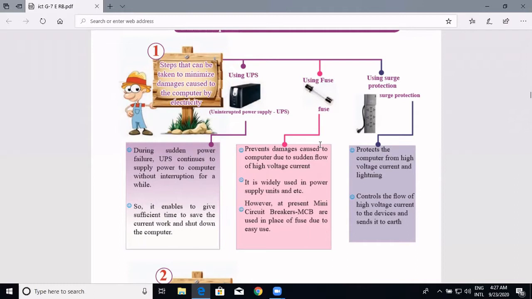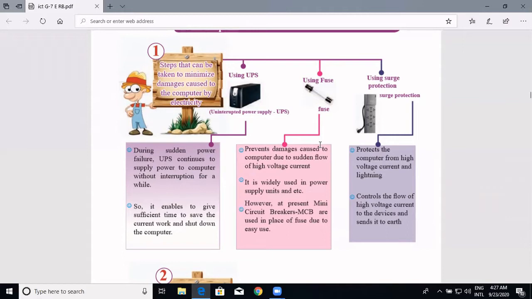If you use a UPS and there's a sudden power failure, the UPS will help you continue your work by supplying power for some time. It depends on the UPS, maybe one hour. Then you can do a proper shutdown, similar to the battery of a laptop.